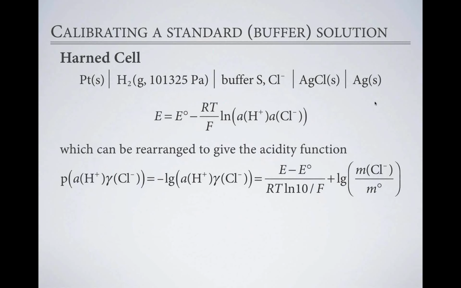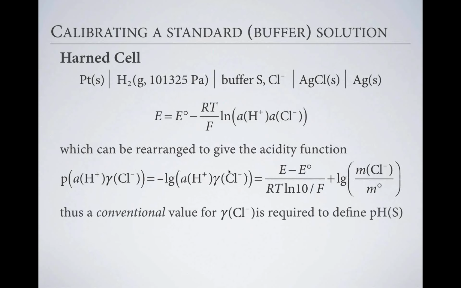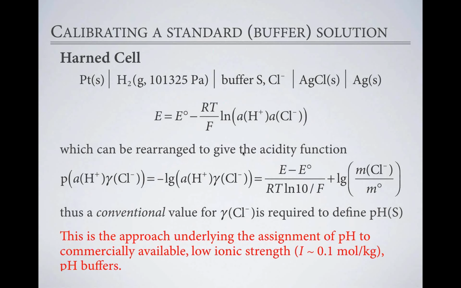And so we can rearrange that expression to give this so-called acidity function. And we can see, therefore, that at any point we can measure this grouping with the activity of chloride directly. If we can give a value for the activity coefficient of chloride ion, we get a value for the standard potential. That's the approach that underlies giving pH to commercially available low ionic strength buffers.